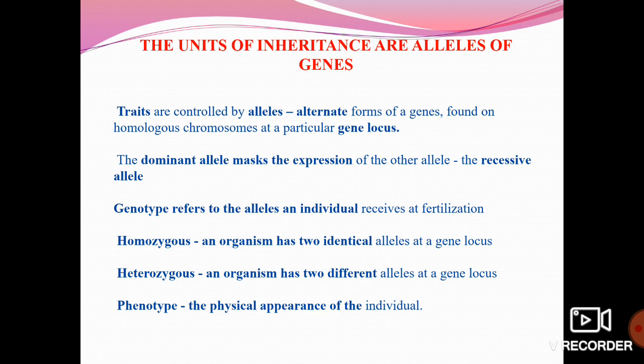Length is the character, and in a person, there would be two genes of length, one from the father and one from the mother, and they would be interacting amongst themselves. One of the genes could be dominating the other. The gene which would be dominating the other allele, the other partner gene, for the same character length would be expressed and is known as the dominant gene.